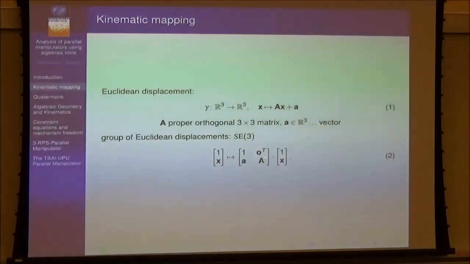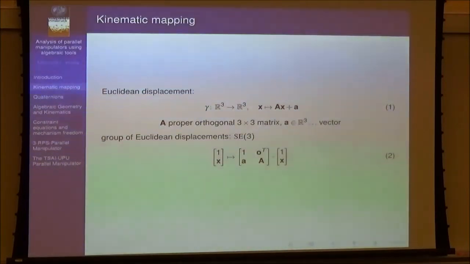So the matrix A is a proper orthogonal matrix. This is the matrix doing the rotation of our system. The little a is the translation of the system. So x is a 3-vector, and this is the usual way we write the displacements in 3-dimensional space.